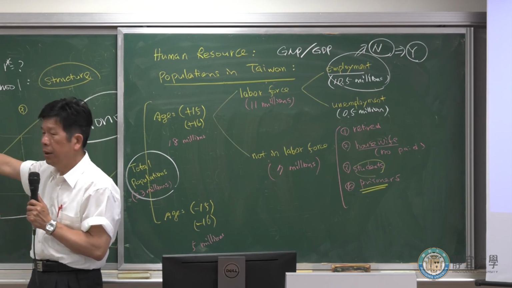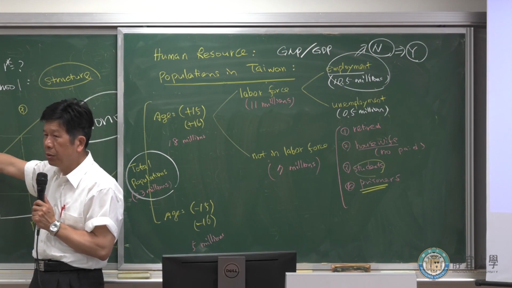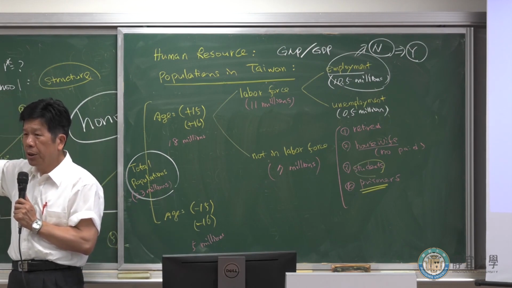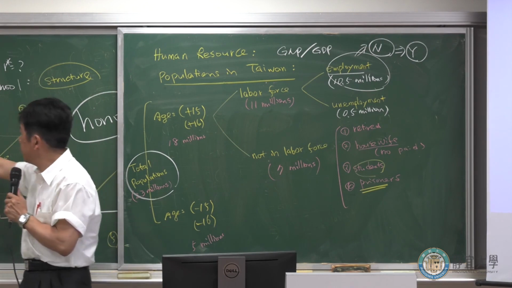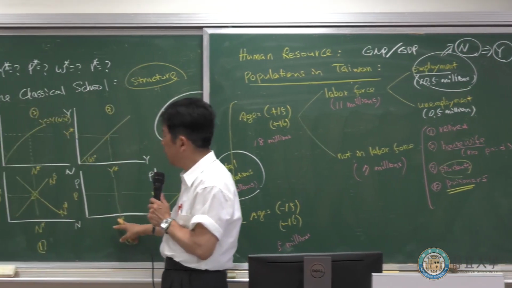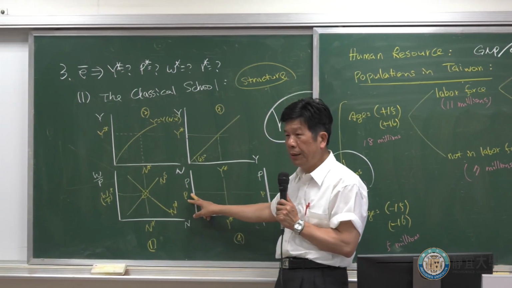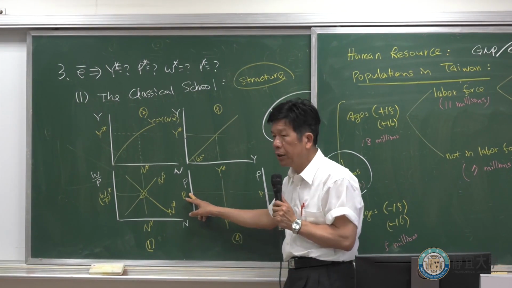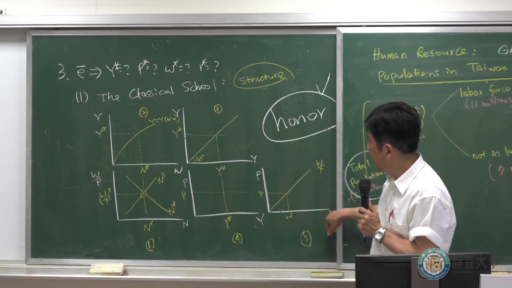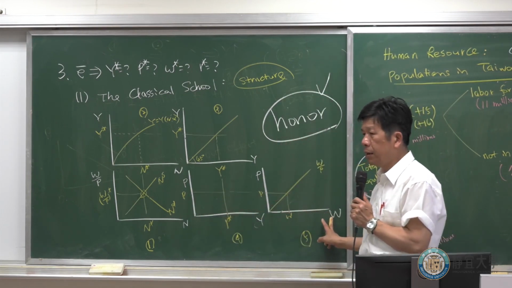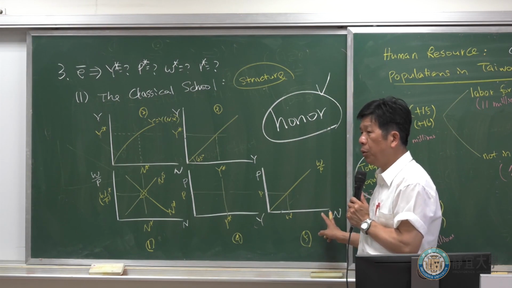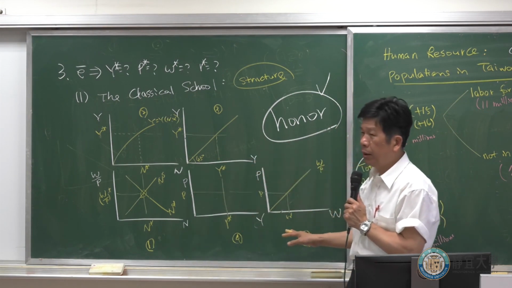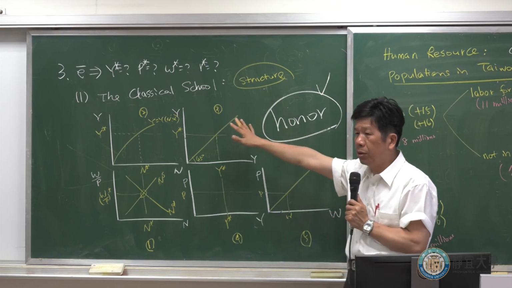We put the equilibrium labor in the aggregate production function, then we can find the aggregate output. From the aggregate output, we can also calculate the price of labor, which is the wage rate. So this is the system in the classical school, the basic structure.